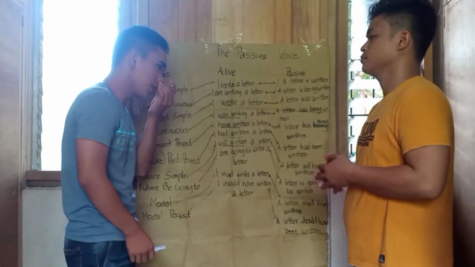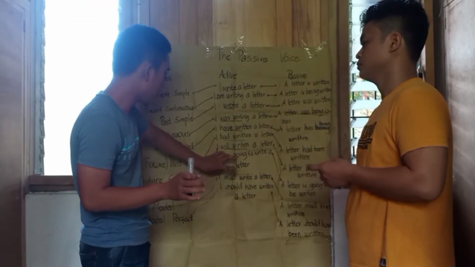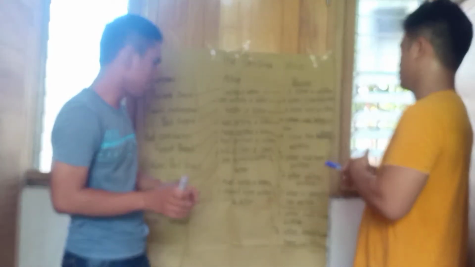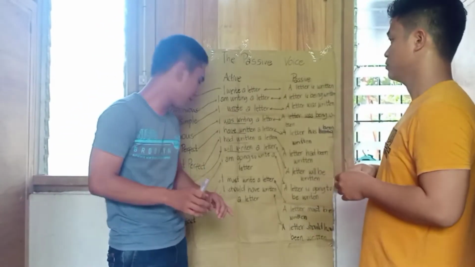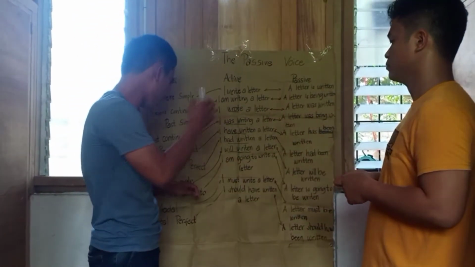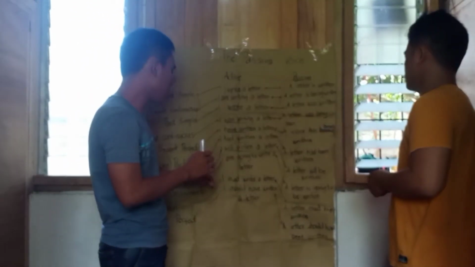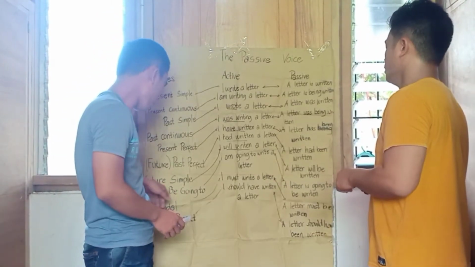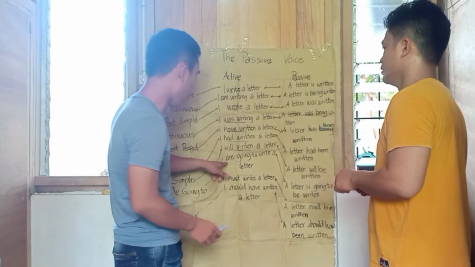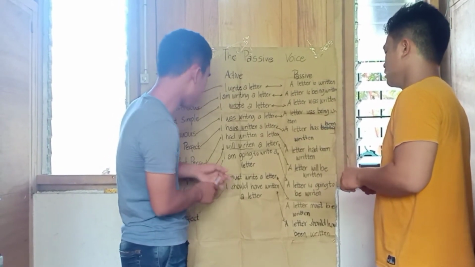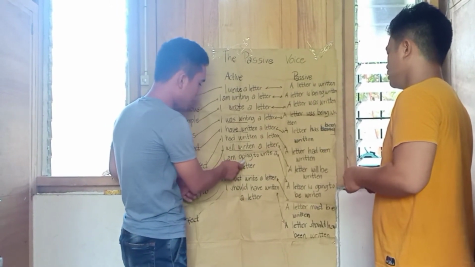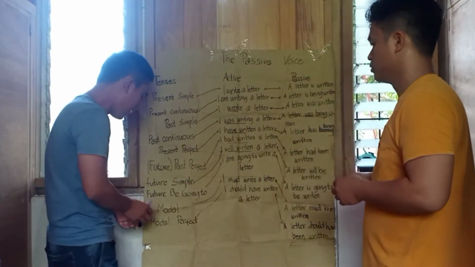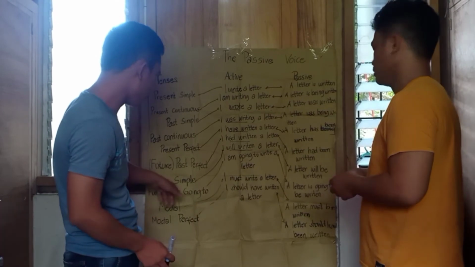In this example, you have not yet done writing the letter. So this is future. You are planning to write a letter. In this future, be going to, the example is going to write. So this is how we can determine the future going to.